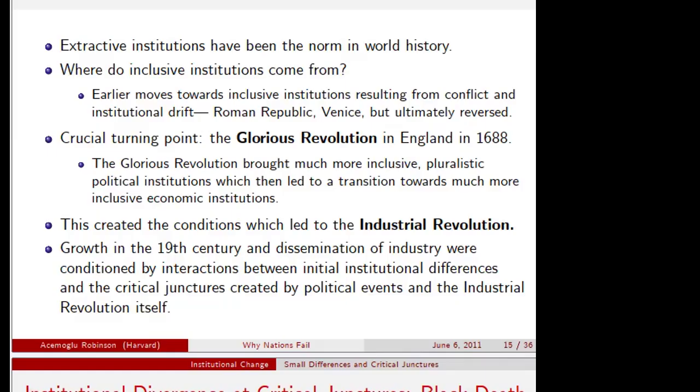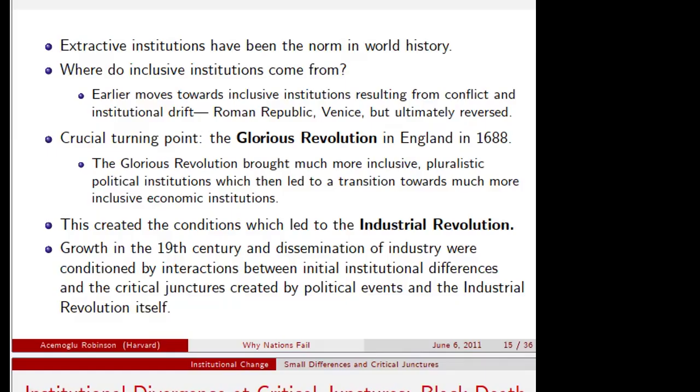William and his wife Mary were crowned, and they were labeled joint monarchs, but under explicit constitutional conditions that fundamentally changed the relationship between the crown and parliament.